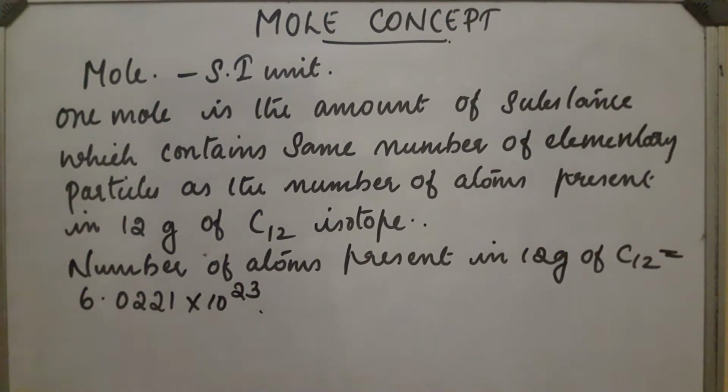This value is a constant. So, 1 mole of any substance contains this much, that is 6.0221 into 10 raised to 23, number of elementary particles.